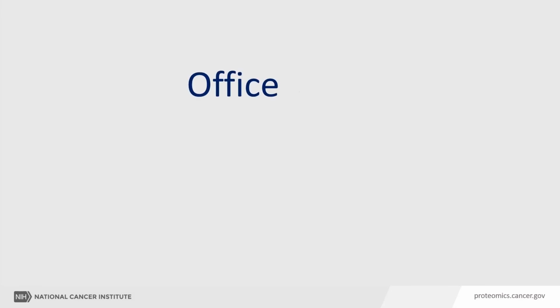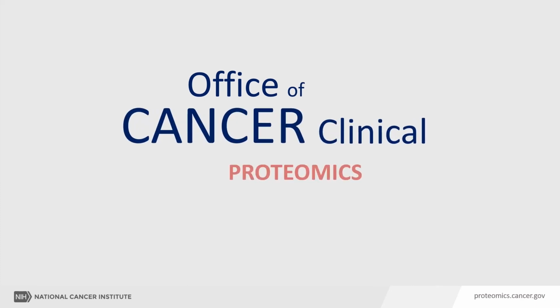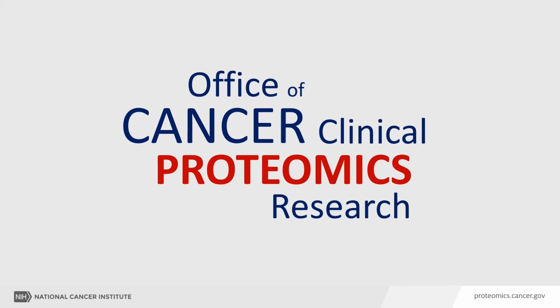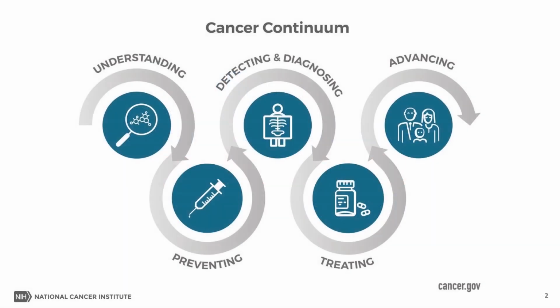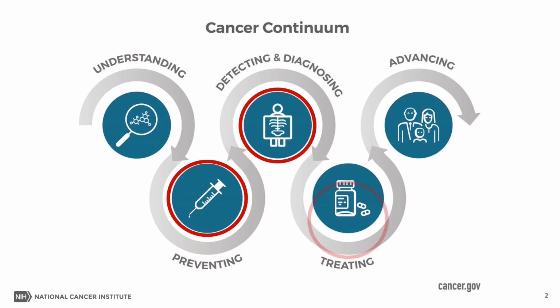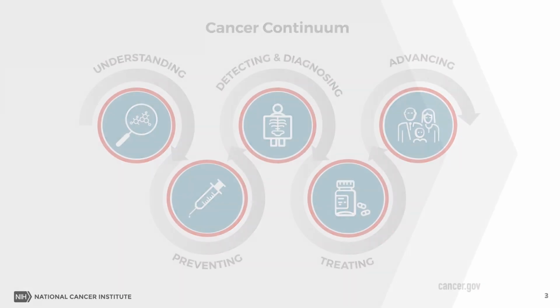Thank you for joining the NCI's Office of Cancer Clinical Proteomic Research webinar series. As a part of NCI's Cancer Continuum, OCCPR's mission is to improve prevention, early detection, diagnosis, and treatment of cancer by enhancing the understanding of the underlying molecular mechanisms while advancing proteome and proteogenome science and technology development.